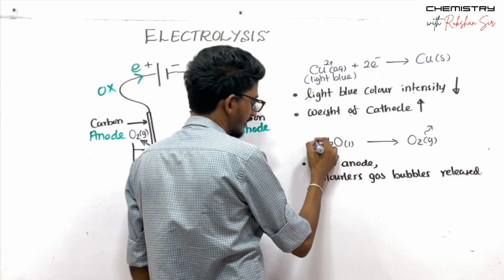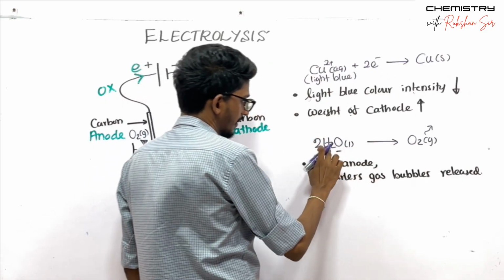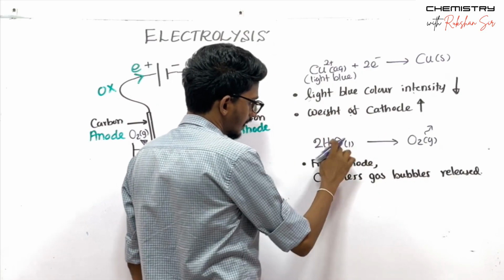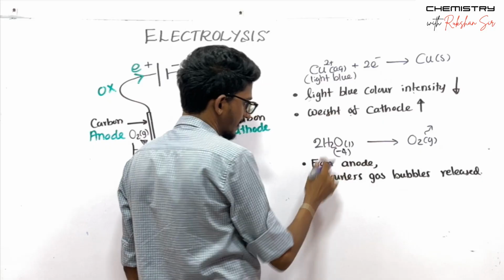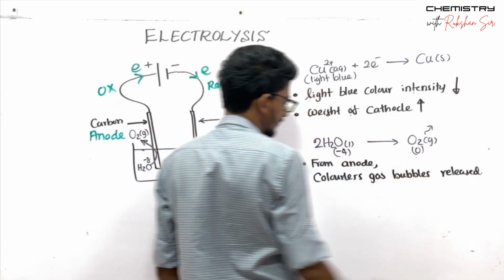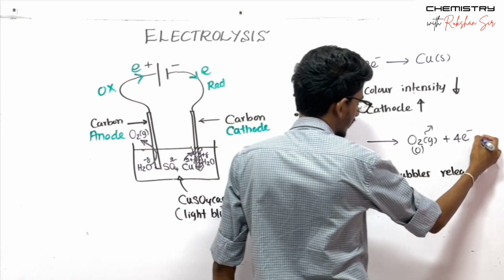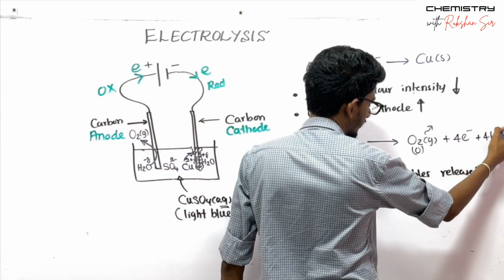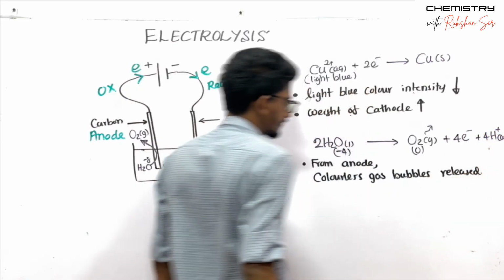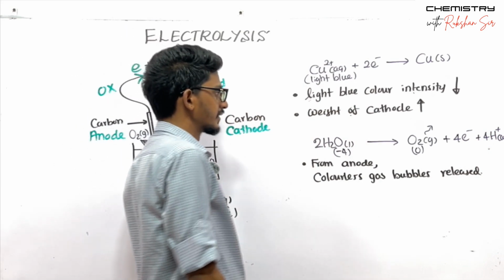Right? The balancing is like this. You can balance the half reaction. So here you need two oxygens. So minus 4 is the oxidation state here. The summation of the 2 oxygens is 0. So 4 electrons will be released, and to balance, 4 H+ are needed. Right?